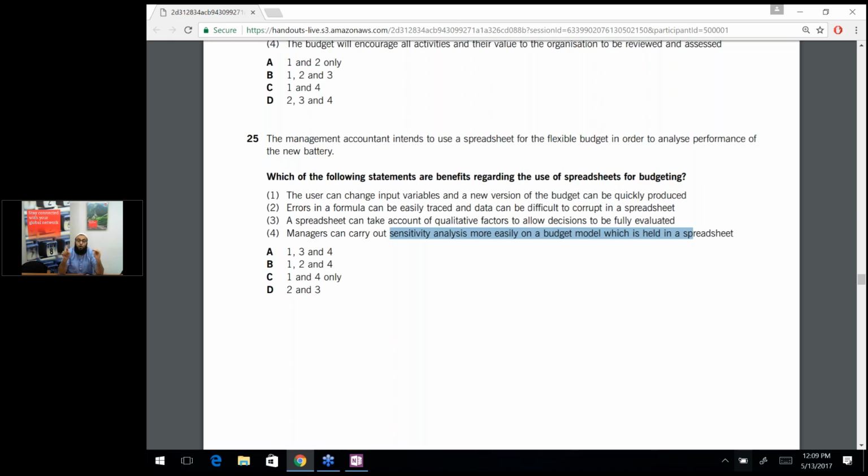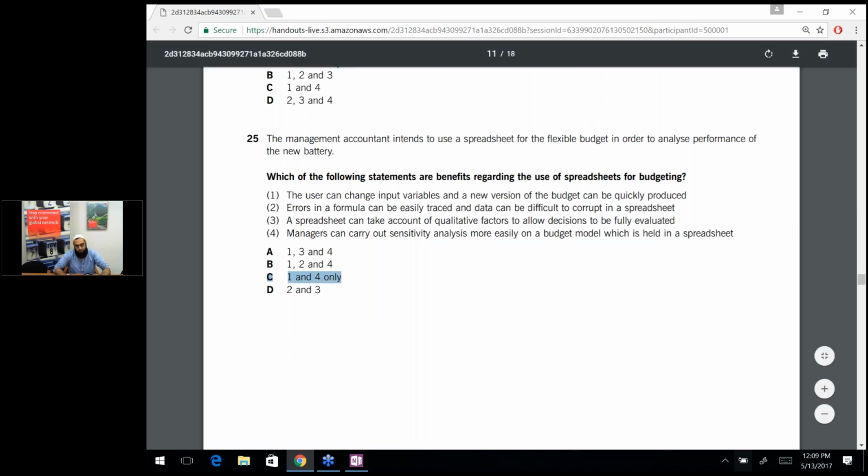So it is easy to do sensitivity analysis on a spreadsheet. Same goes for variable cost, because sensitivity allows us to change one variable at a time. If you increase the variable cost, what impact will it bring on the profit? So it is easy to judge. So yes, sensitivity can be performed. So the correct answer is C, statements 1 and 4.